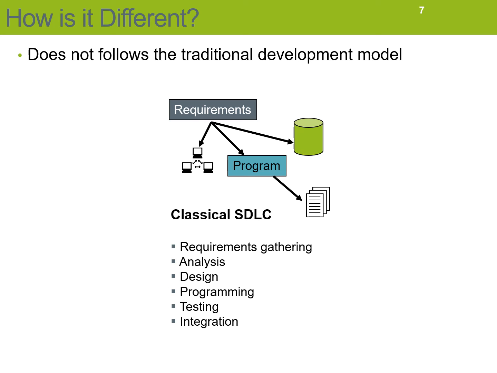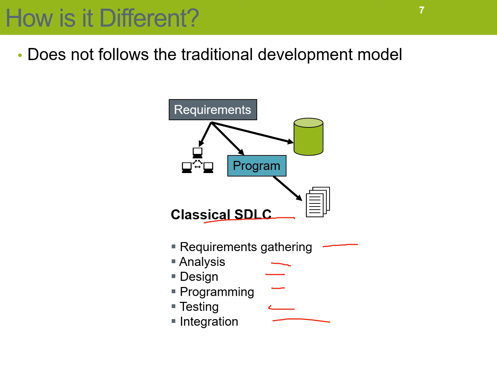So that means there must be a difference in the life cycle of operational as well as decision support systems. What is the classical software development life cycle? First we do requirement gathering, then analysis, design, programming, testing, and integration.